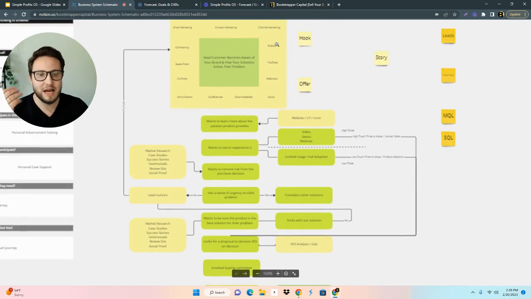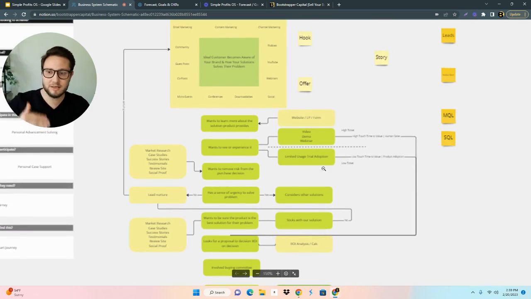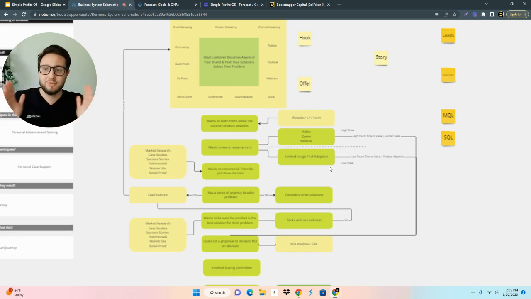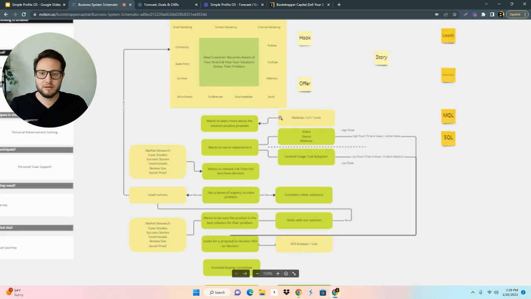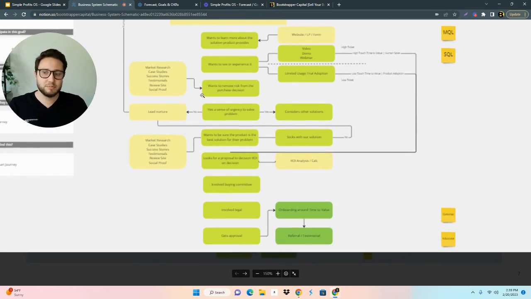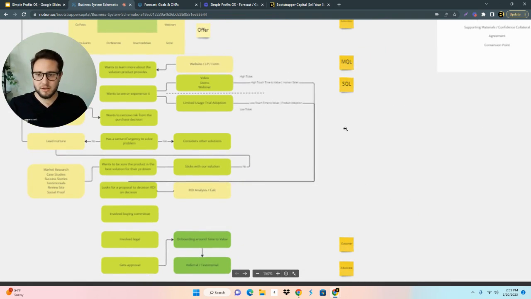Now, this is a top-down system here. You could also build it left to right as a bow tie, right? More traditionally speaking, it's probably actually closer to a bow tie. The schematics tend to be better and easier to follow when you build them from top to down, but you could build it both ways. This is just the revenue engine, right? So as you're working through your business, you can expand on this.